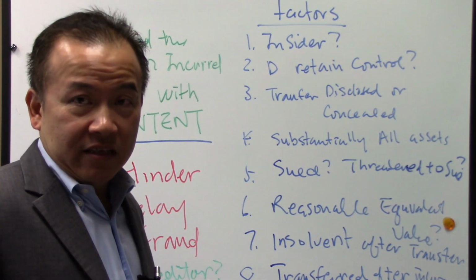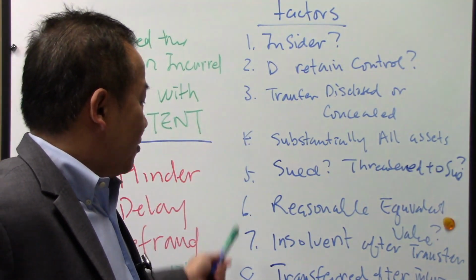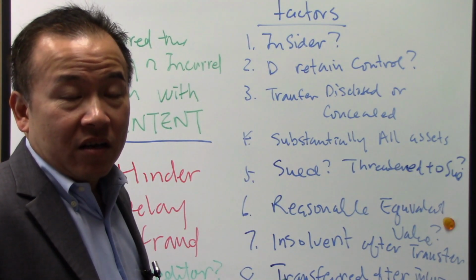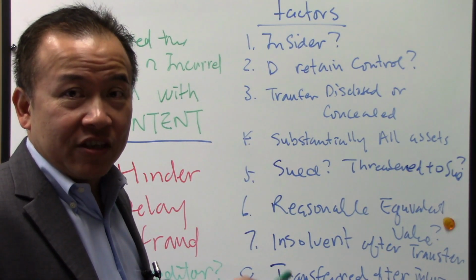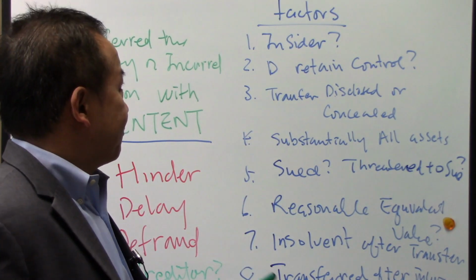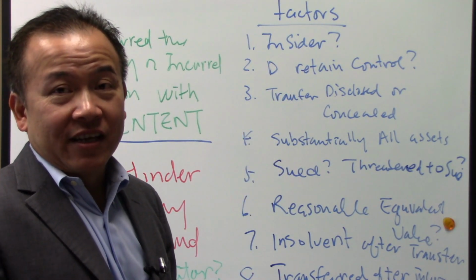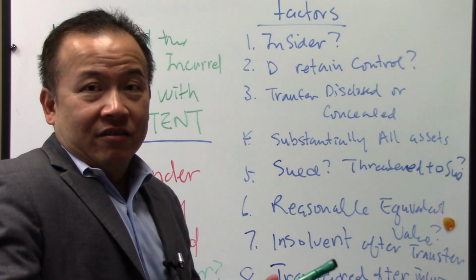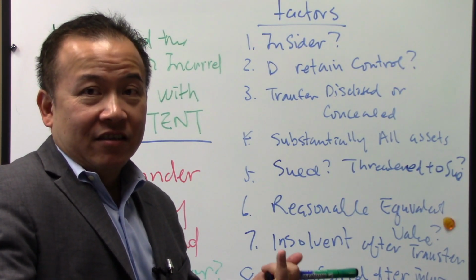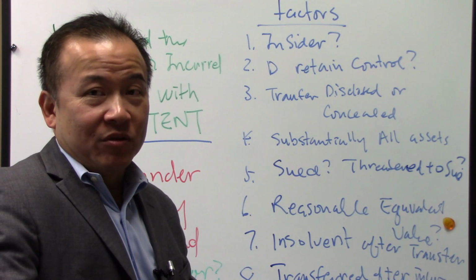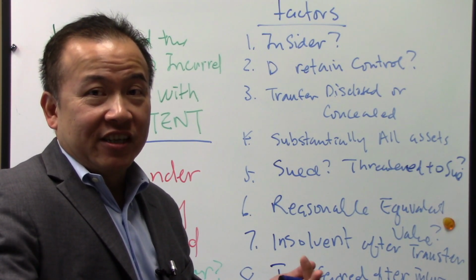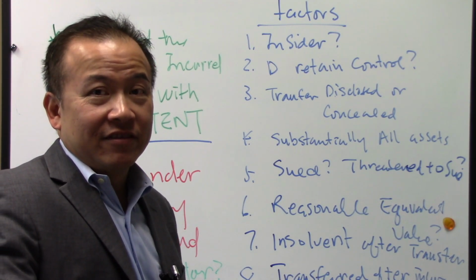I mean, there are more than 8. The factors are not limited to these 8, but these are the 8 stated in the statute and most frequent in occurrence. Number 1: was the transfer made to an insider? To mom, to dad, a sibling, a wife is the most common one, or to the LLC that's set up by husband and wife.